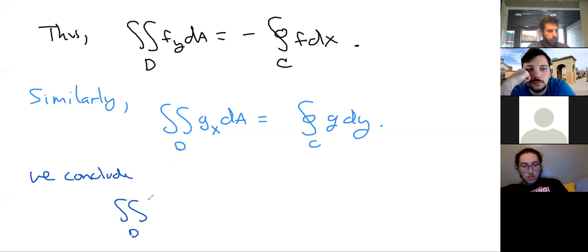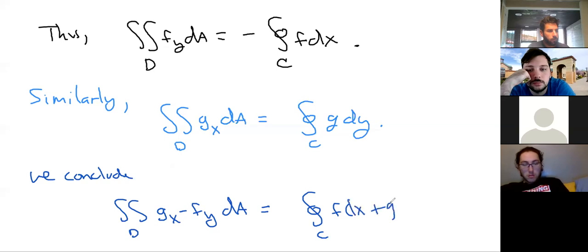If you add up the pieces, you get the partial of g with respect to x minus the partial of f with respect to y dA equals this line integral. That's a bad D. Getting sloppy.